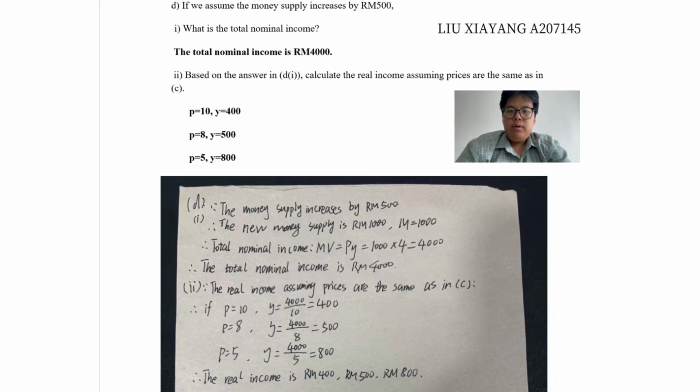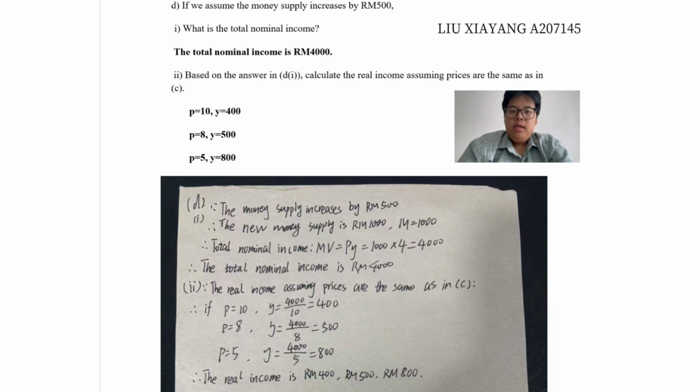The M is equal to 1000. So for the total nominal income, use the formula MV equals PY, which is 1000 multiplied by 4 equals 4,000. So the total nominal income is RM4000.